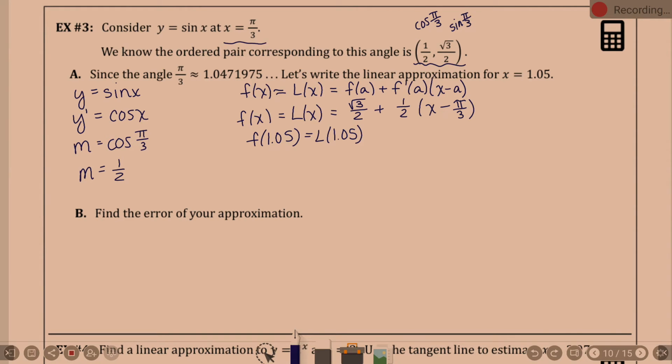And I have a decimal answer, so I must have just gone calculator here. When you have 1.05 minus pi over 3, you're going to have to go calculator there.